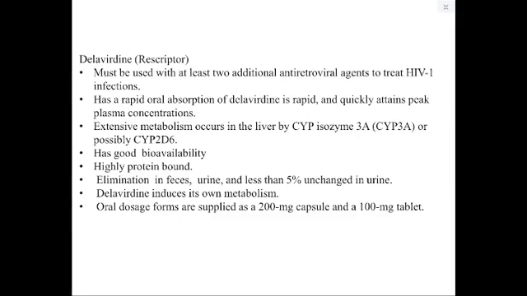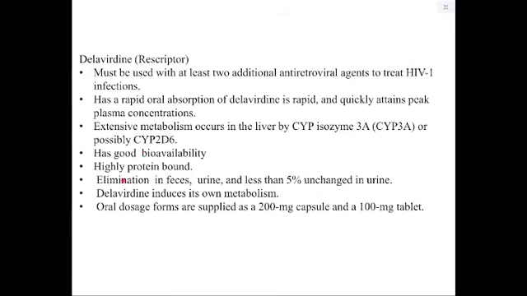Another one is delavirdine. It must be used again with at least 2 additional drugs, as we have said, it's becoming a song. It has a rapid oral absorption and quickly attains peak plasma concentration. Again, extensive metabolism through cytochrome 3A4 and cytochrome 2D6. These are the enzymes that mainly metabolize these drugs, and that is why sometimes you can have issues, because some of them are also able to induce these enzymes, and if they induce the enzymes, that will mean they will also have an influence on the metabolism of other drugs and can bring about drug interaction.